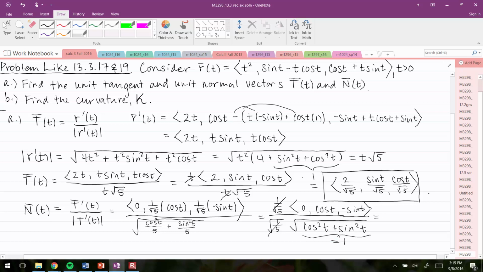And so what we get is just 0 for the first component, cosine t for the second component, negative sine t for the final component. And that is our result for the unit normal vector.